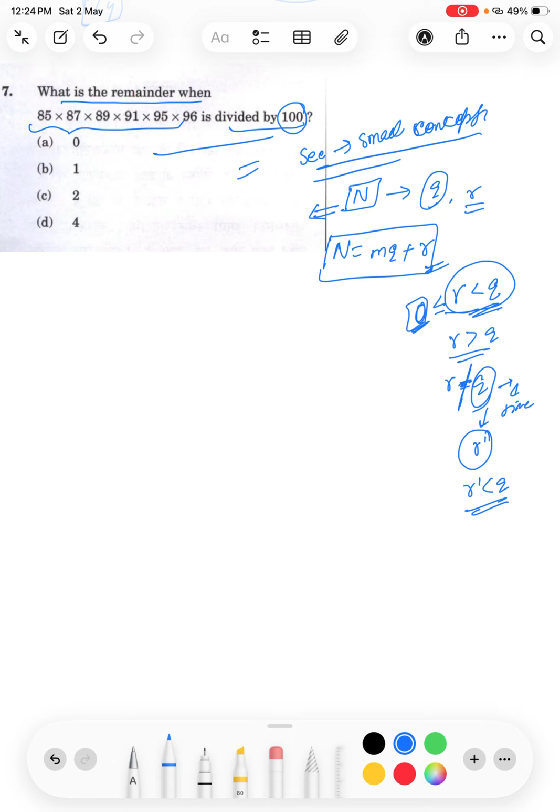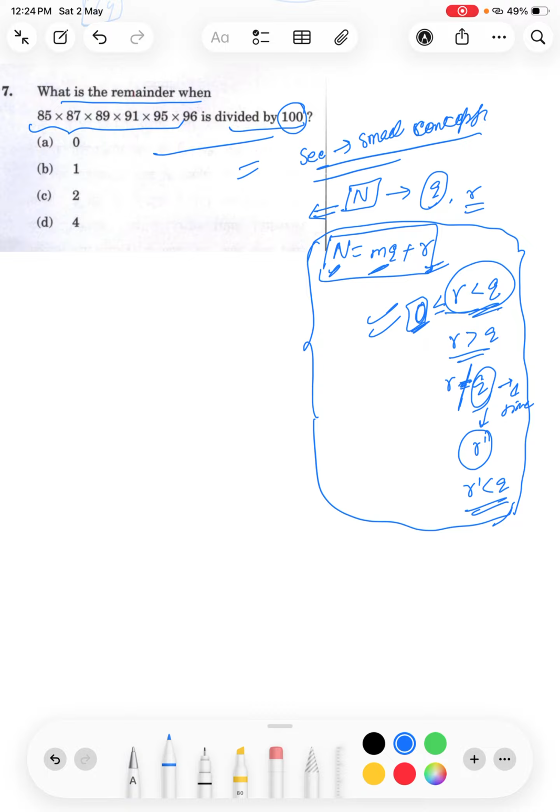Remainder 0 means N is completely divisible by Q. So a concept we will probably be using in one of the questions coming later, but a useful concept to be kept in mind.